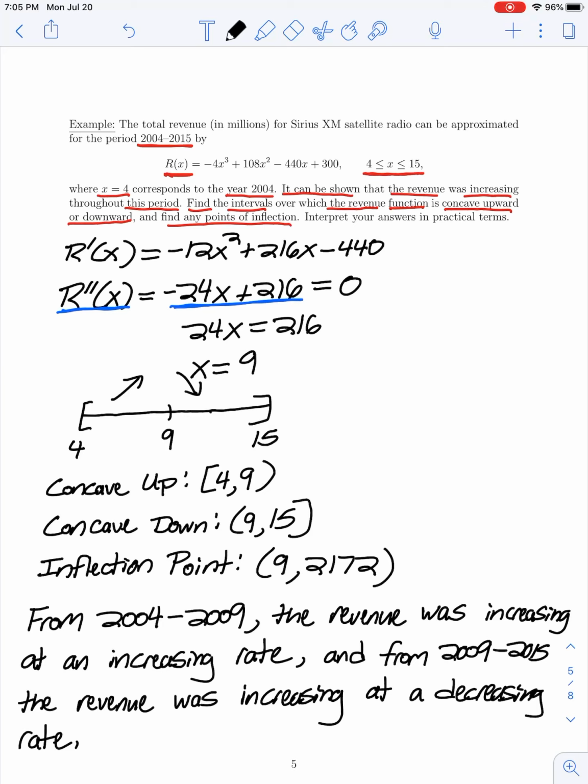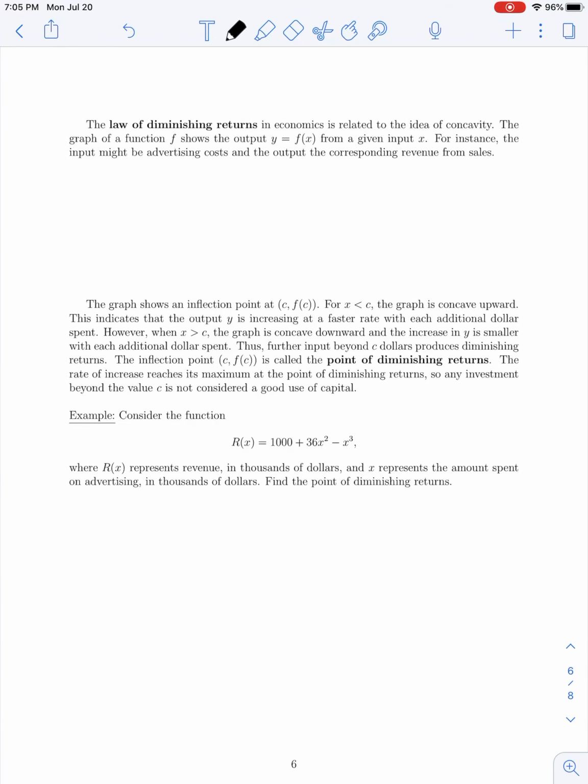So if we consider this problem more generally, we see that this illustrates a principle known as the law of diminishing returns. So let's explain this in a little more detail. So we say that the law of diminishing returns is a concept in economics which is related to concavity.